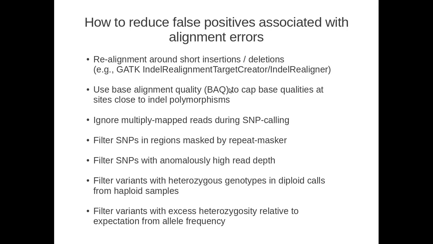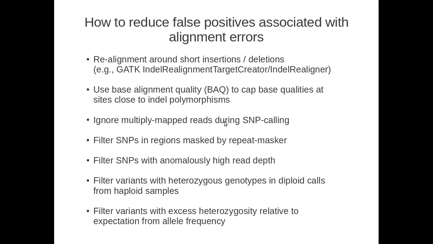Effectively, by decreasing the base quality in the raw reads close to those indels, you're less likely to infer a SNP, because the qualities of non-reference alleles will be lower because they're adjusted by this BAQ, or base alignment quality, adjustment technique. So this is something we incorporated in our own pipelines.